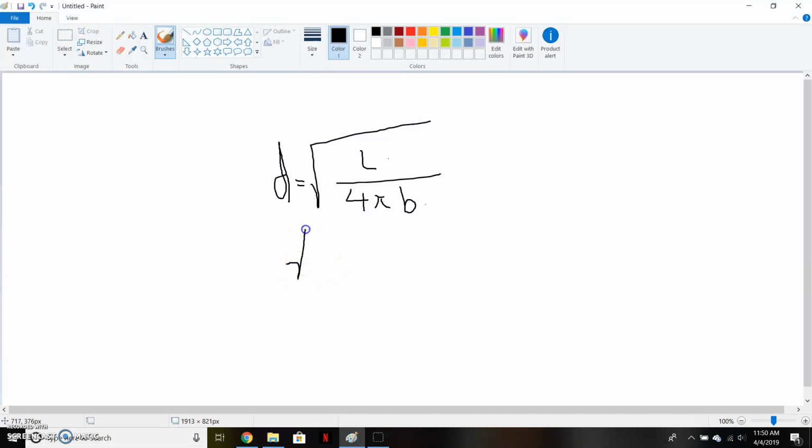So it's equal to 3.84 times 10 to the 26 over 4 pi times its apparent brightness, which is given, 0.5 times 10 to the negative 12.